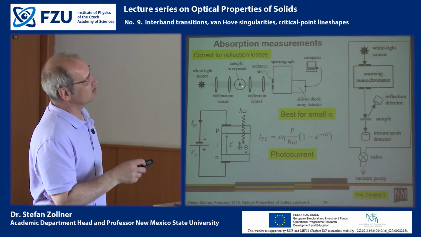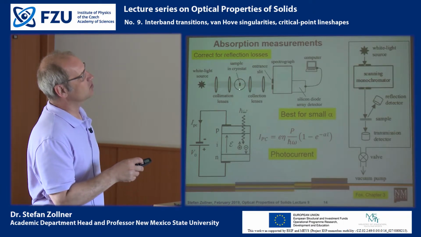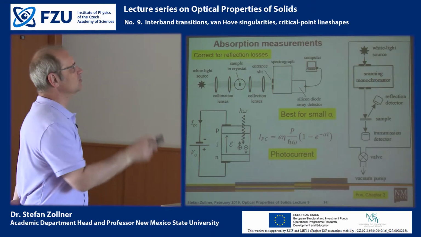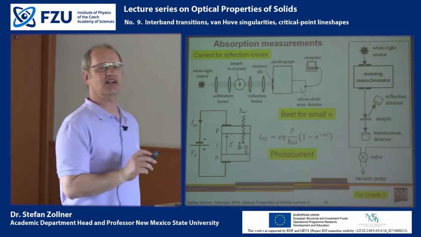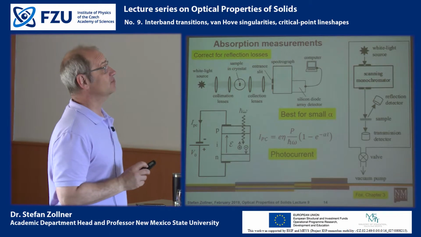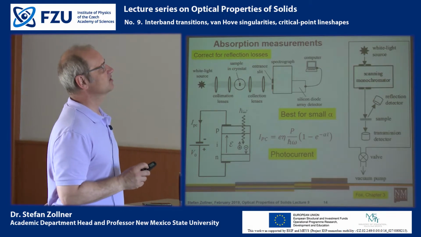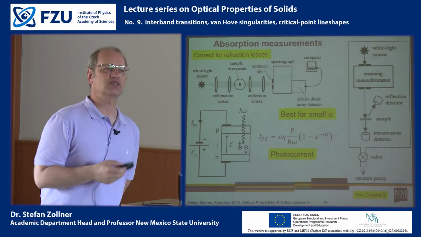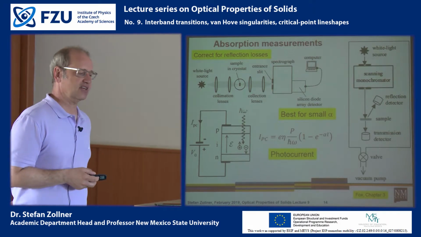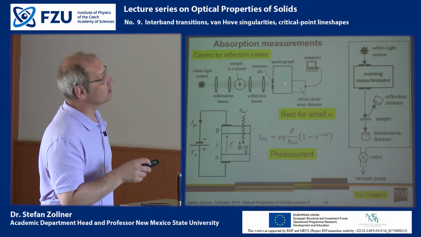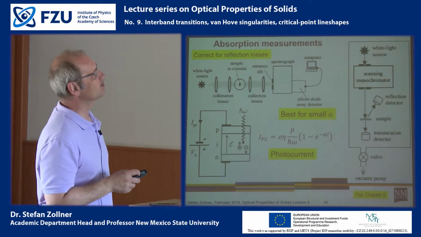And the other thing is that in order to measure absolute absorption coefficients, we need a reference measurement where the sample has been removed. So we need to take the sample out and not change anything else, and then divide those two results in order to get absolute absorption measurements. That is sometimes very difficult because if you take the sample out, usually something else changes with the experimental setup, and therefore with a setup like this, measuring absolute absorption coefficients may be difficult.